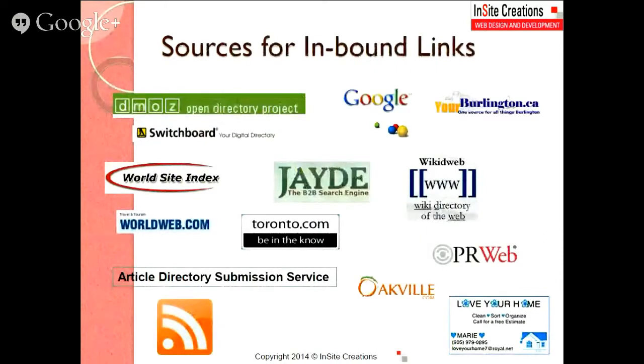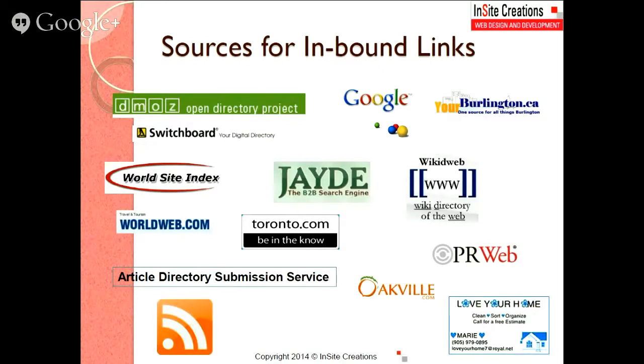So when it comes to inbound links, besides having your own blog posts out there coming back into your website, there are a number of ways that you can get inbound links, and directories is one of them. You can either do general directories and then go into your category and drill down and add your link, or you can go more specific, what I call industry related directories, association related directories, or networking directories.